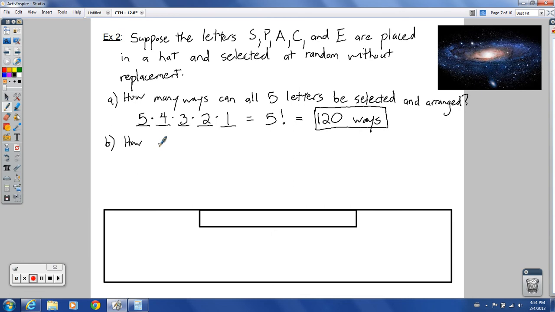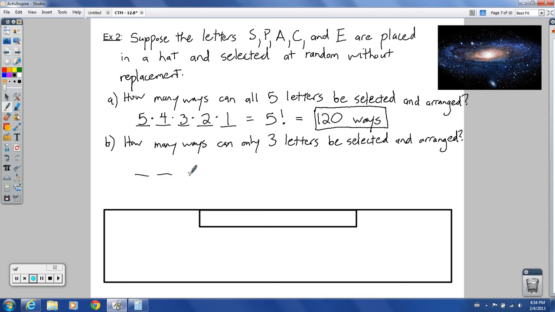Let's change it up just a little bit. How many ways can only 3 letters be selected and arranged? So how many ways is possible for that?